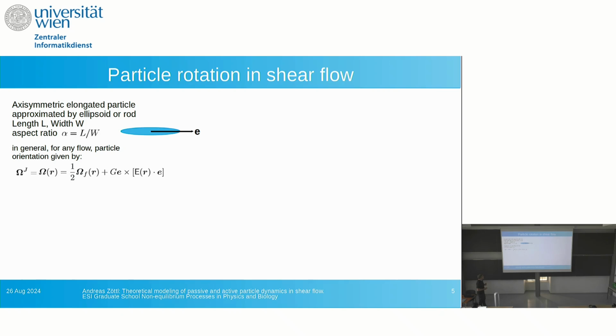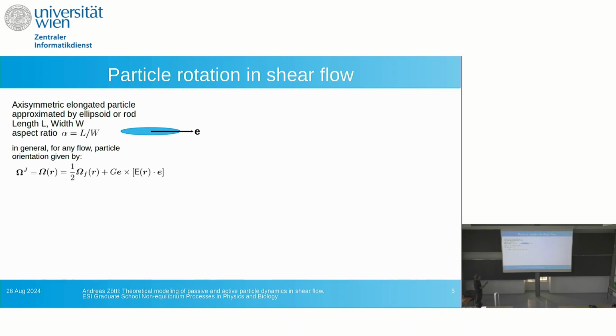But in this framework, you just choose one of the two. And this is then a polar orientation vector. And you want to understand later how the particle rotates, so how also the orientation vector changes over time.